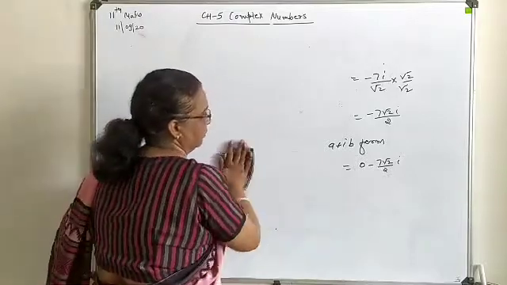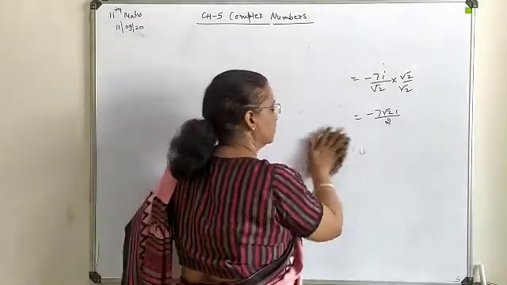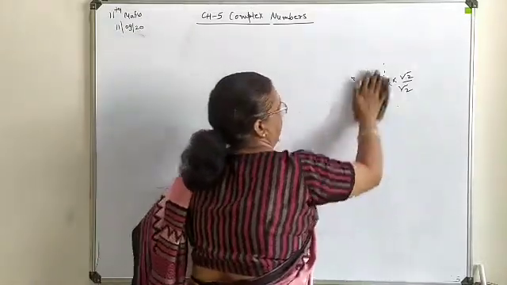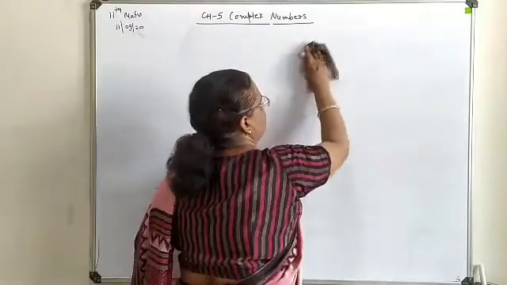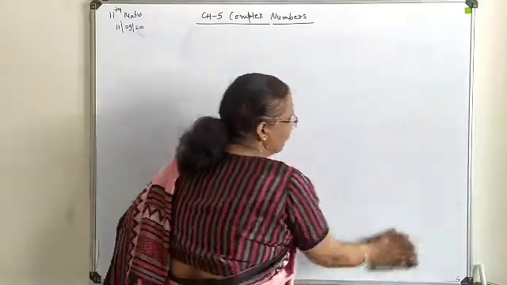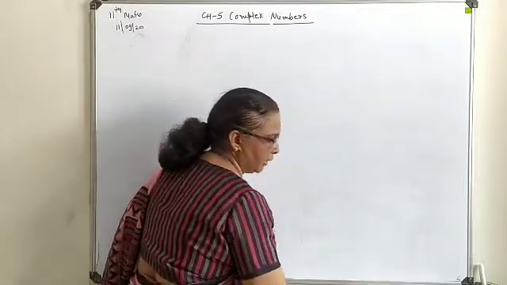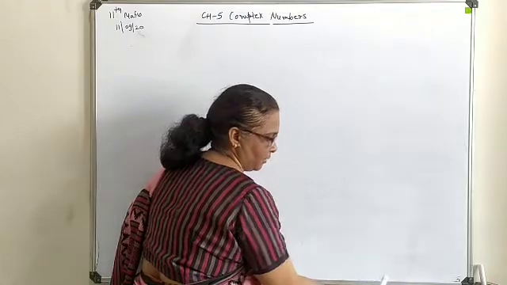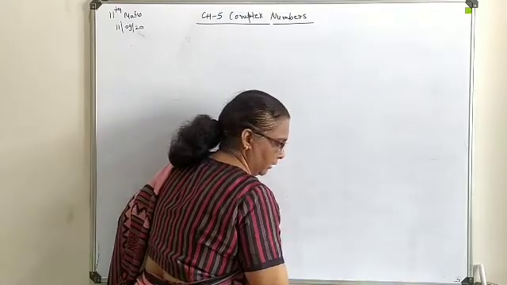Related to the polar form, one more term is associated, that is absolute value and argument regarding the given complex number. So what is the meaning of the argument, what is the meaning of the absolute value, that we are going to understand over here.